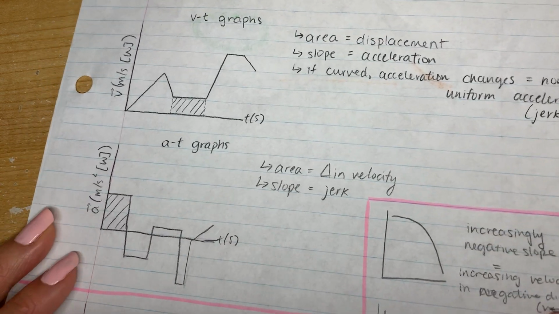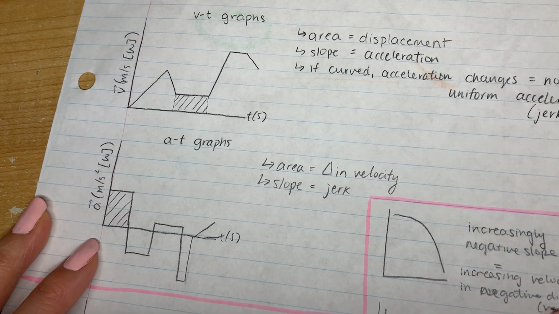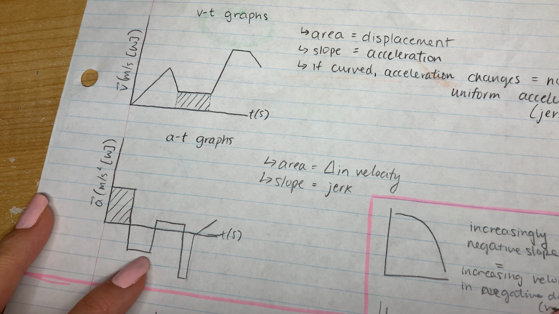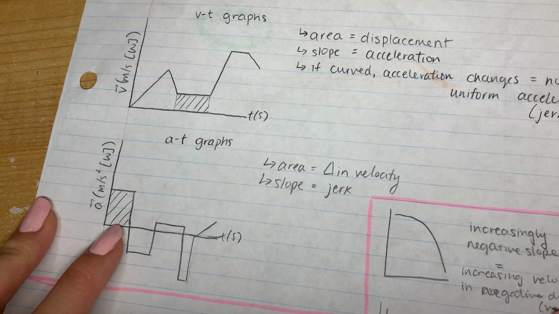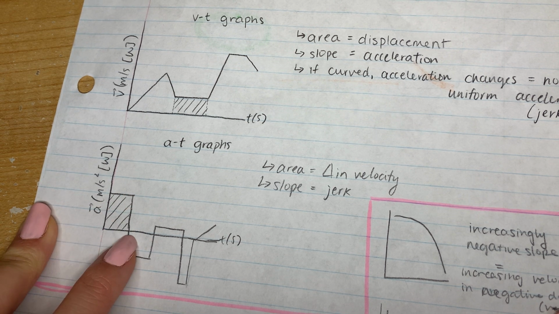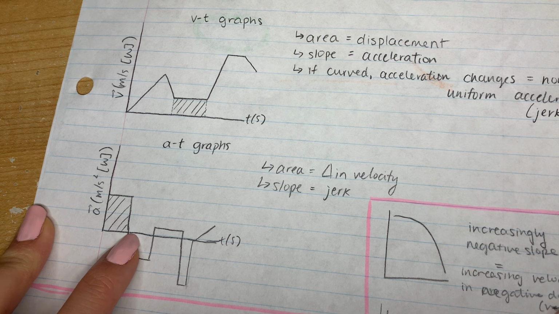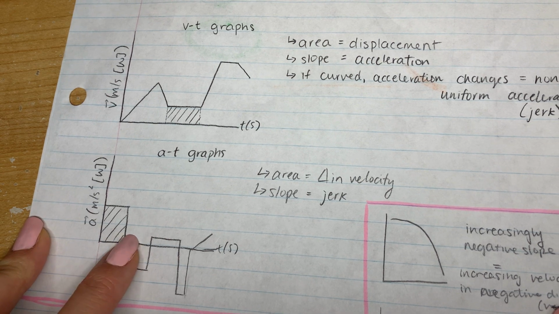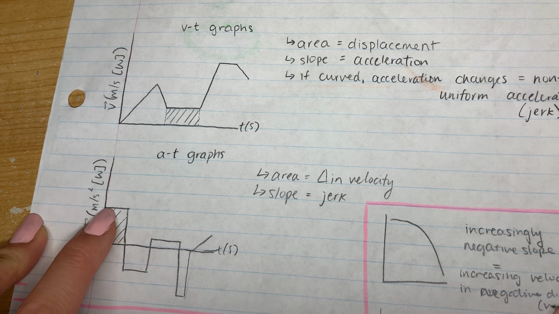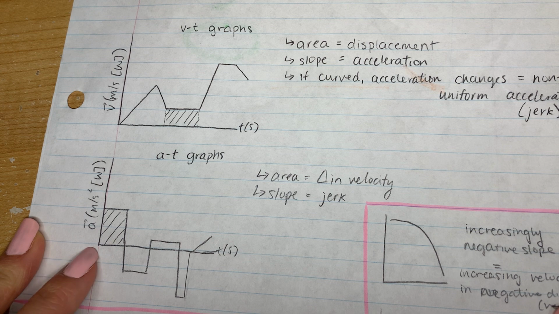Finally, with our AT graphs, acceleration time graphs, the area under the function at any point in time is the change in velocity. So from here, for example, this is 1 second. I didn't really specify because it's just a really brief general graph. But for example, this is 1 second. At 1 second, you changed this much in velocity.